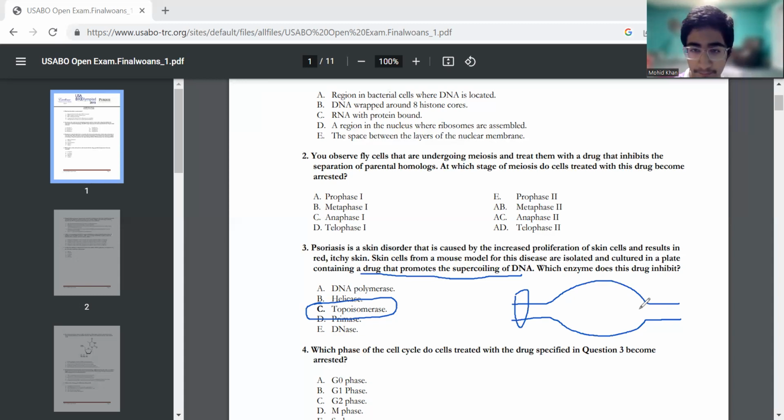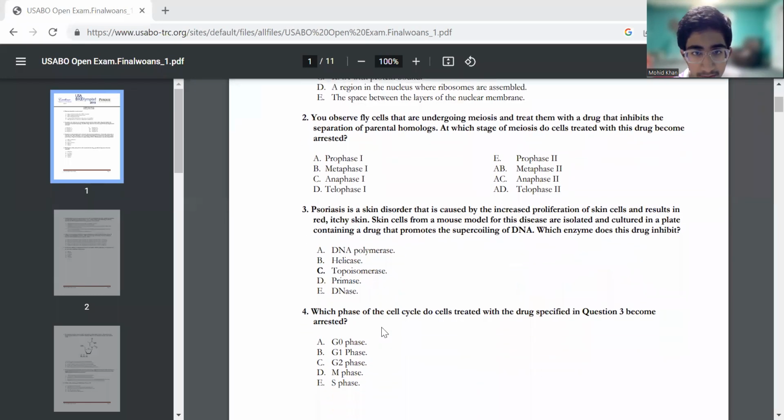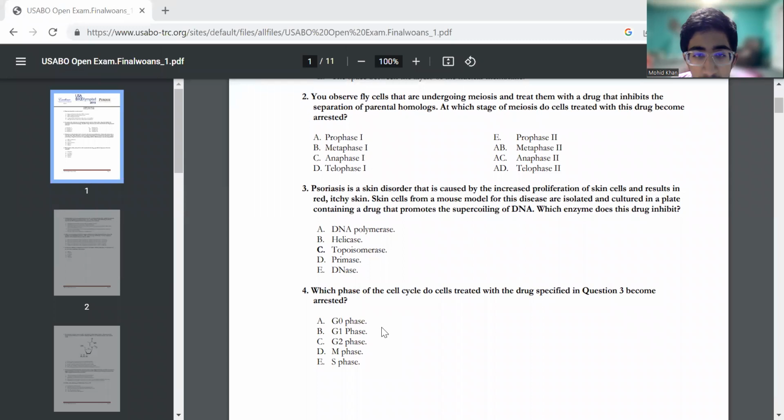And okay, so then the next question is which phase of the cell cycle do cells treated with the drug specified in question 3 become arrested? All right. So topoisomerase is the most active during DNA replication.